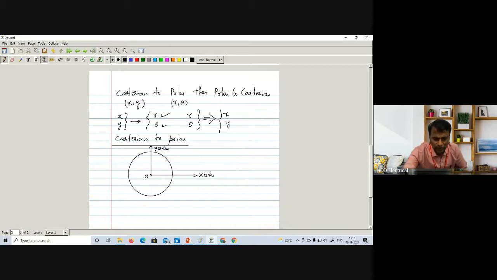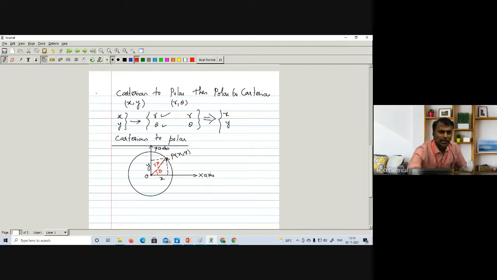Now this is the point I have noted down, the point P of x comma y. Now we know this point, we know what x is and what y is. We want to know what r is and what the angle theta is. So how much is the radius and how will theta be.